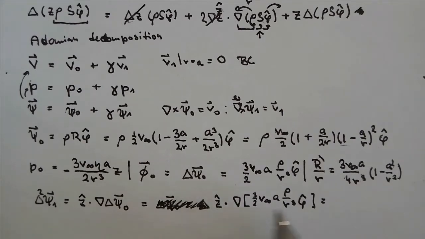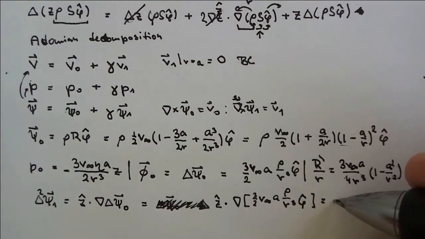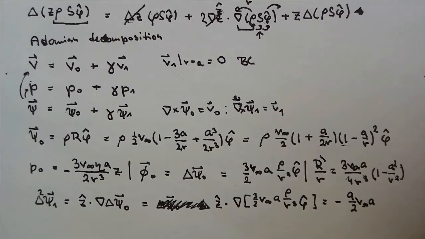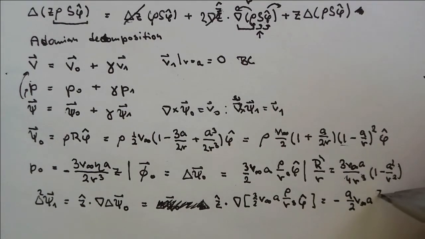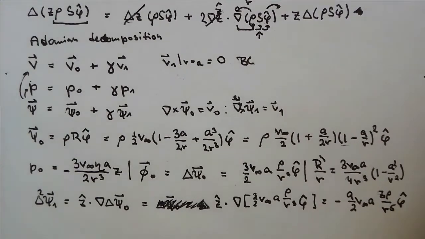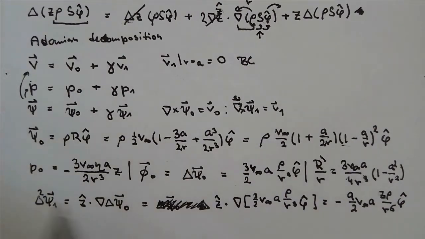Again, dot product with z is 0, so the only term which will survive is minus 3 over r fourth, the dot product with this, so it's z over r to the 5th power times z, so it is going to be minus 9/2 v infinity a times z times rho over r to the 5th power times phi hat, and this is the equation we will solve.